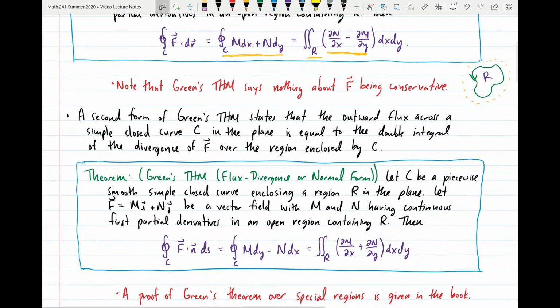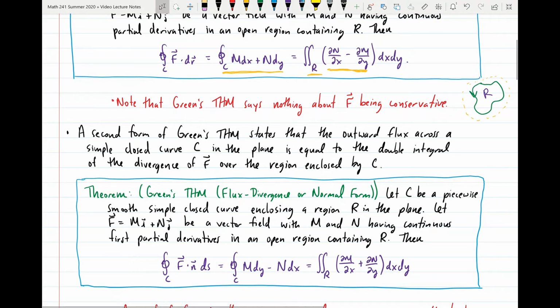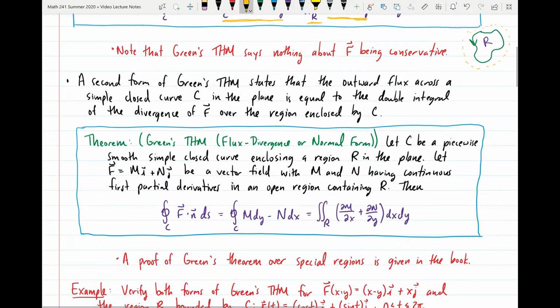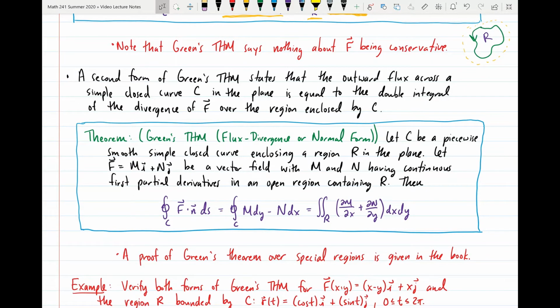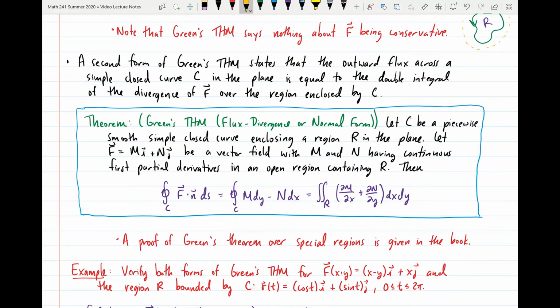And the second form of Green's theorem says that the double integral of the divergence of F over this region R will be equal to the line integral over the simple closed curve C of F dot n, which again, hopefully you recognize from section 16.2.